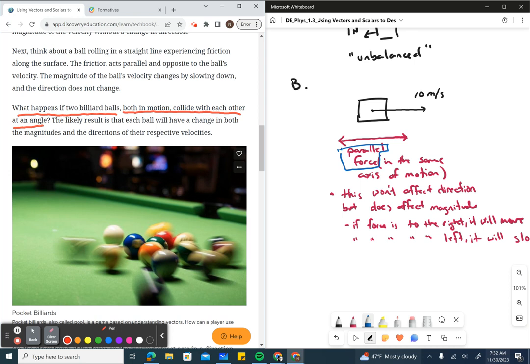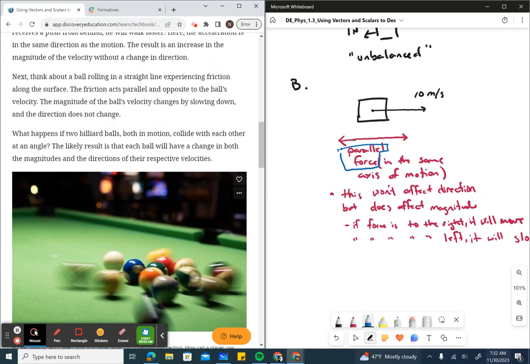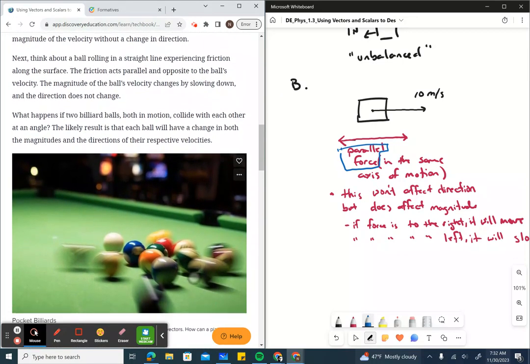What will be the effect on that? Well, you're right if you thought that it's going to change direction, right? And you'd also have been right if you said that their speeds would also be affected somehow. Okay. So that was an example of a force that was not coming in parallel, right?